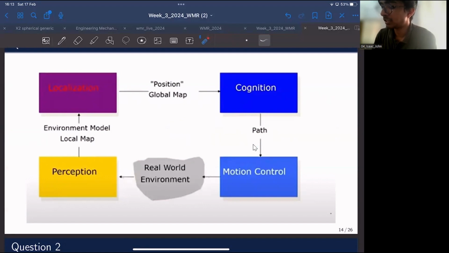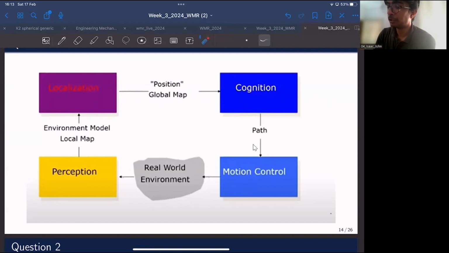In most cases we will provide a map of the environment to the robot at the beginning, and we will also give a goal position on the map where the robot would be moving.